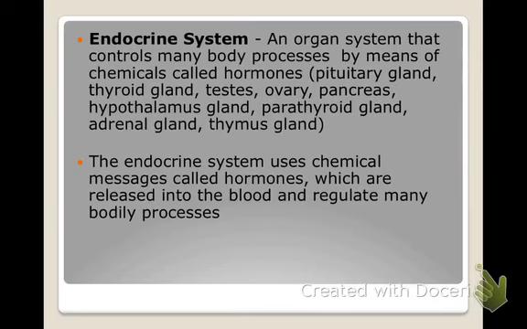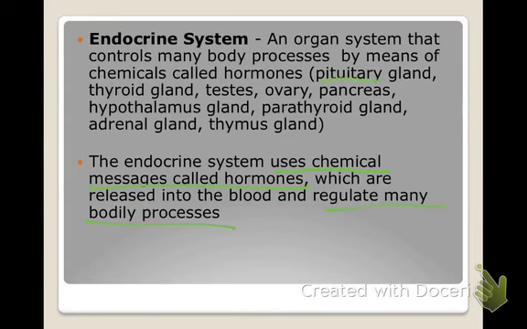Your reproductive system is part of your endocrine system as well. Your reproductive system releases testosterone, estrogen, and adrenaline is released from your endocrine system, all kinds of hormones. So your endocrine system uses chemical messages called hormones to regulate body processes. That's all that it does, okay?